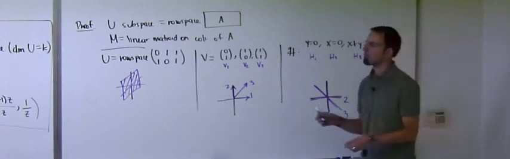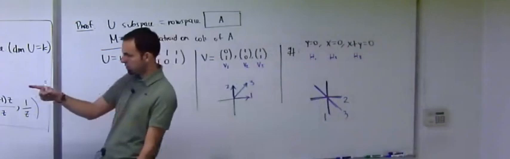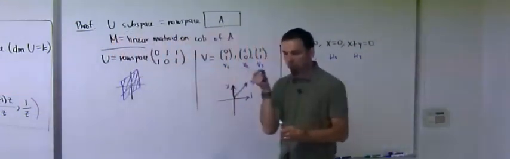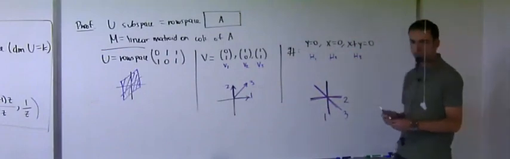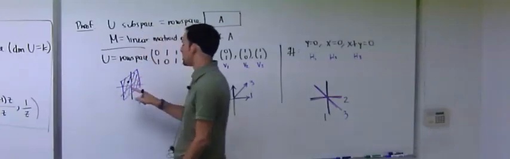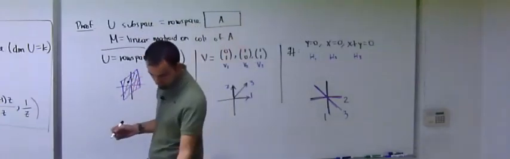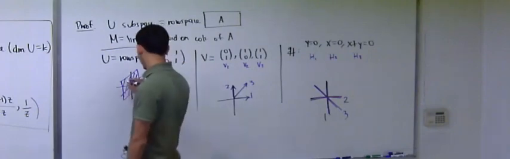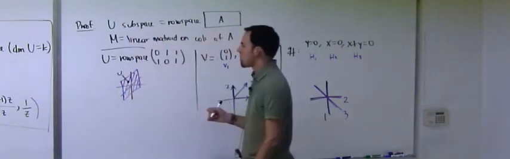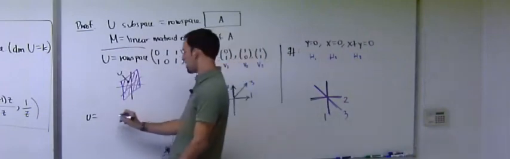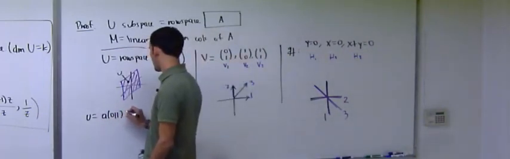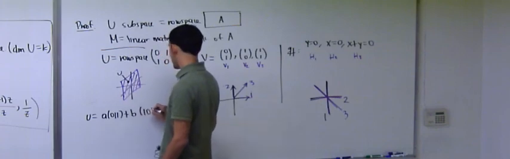So now that we have that, let's look at this weight enumerator. So what you want to do is for each word, you want to find its support. Okay. So for each word over here, let's call this U. You want to find the weight. Okay. So let's call this word, since it's in this row space, A times 0, 1, 1 plus B times 1, 0, 1.